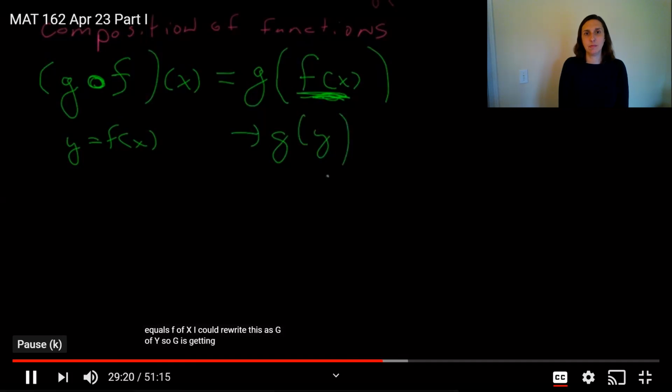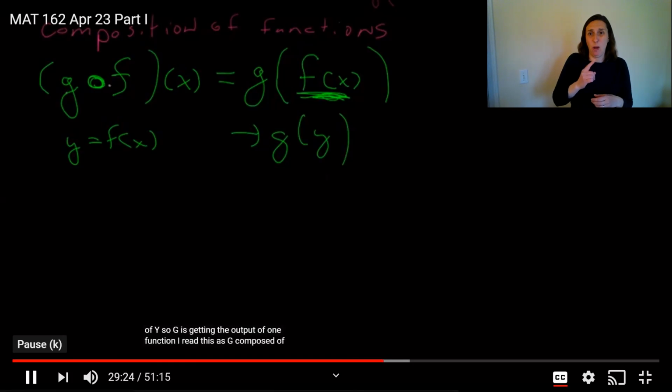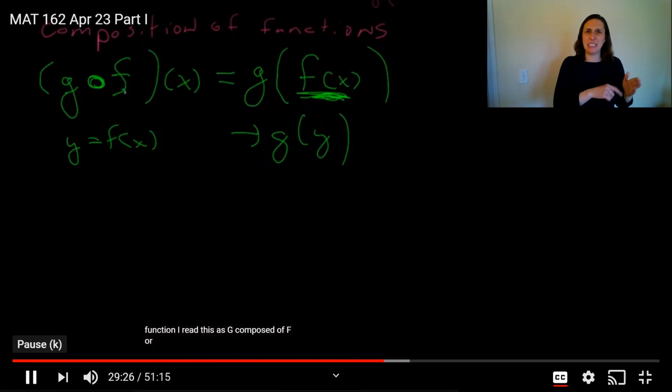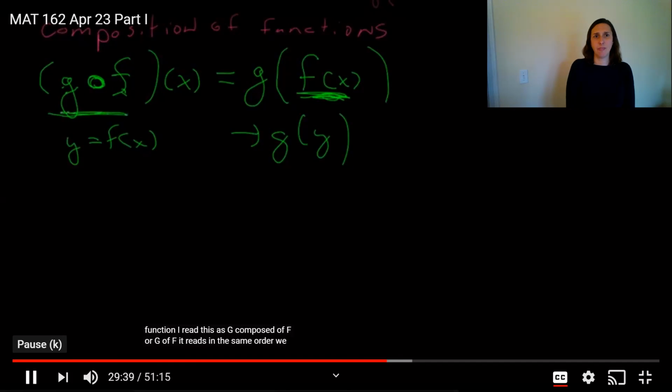So G is getting the output of one function. I read this as G composed of F, or G of F. It reads in the same order we write it, because I could go the other way.